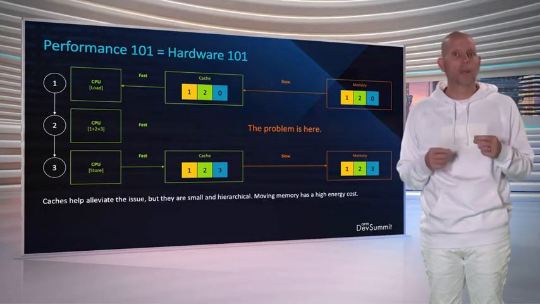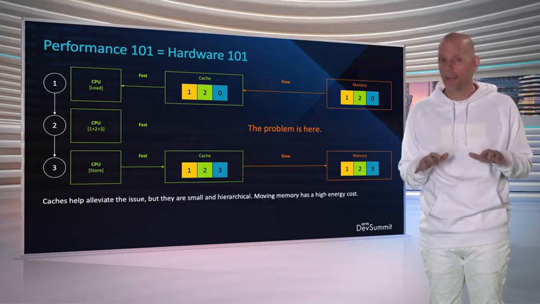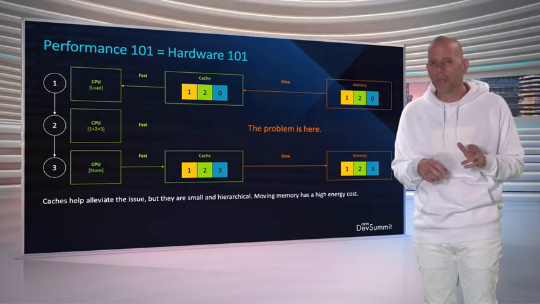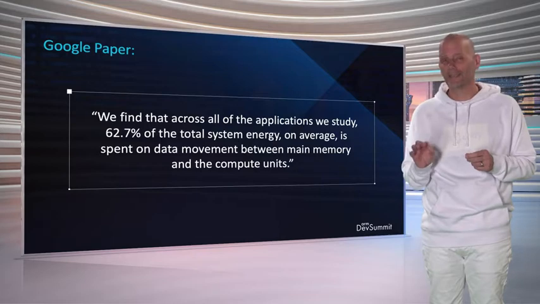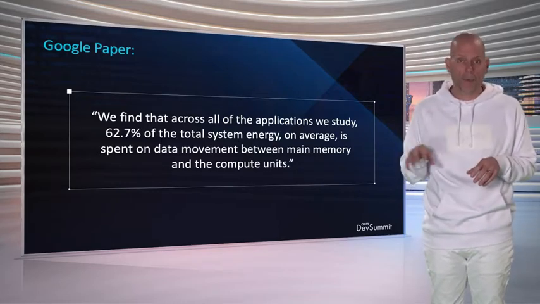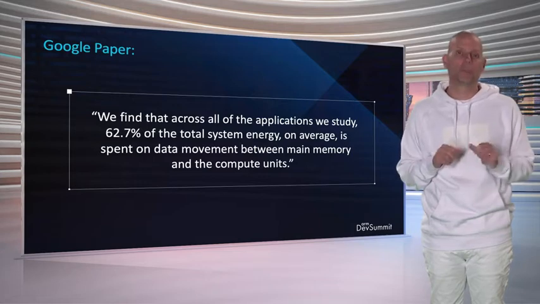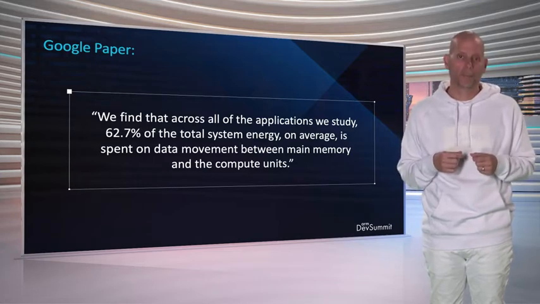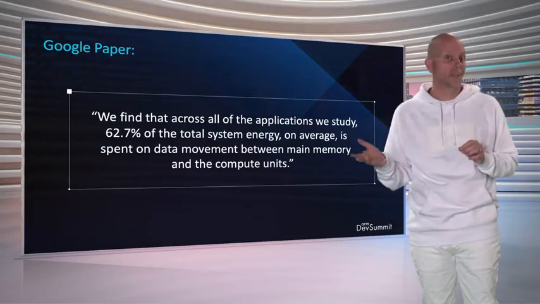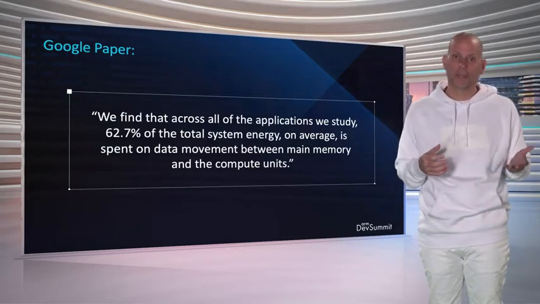The caches help create locality of data, but only if the data needed is in the cache. In a study by Google, they found that more than 60% of energy was being used to move data around, and only a minority was being used to actually transform the data. In our signal-to-noise ratio here, we have too little data we need and too much data we don't need.